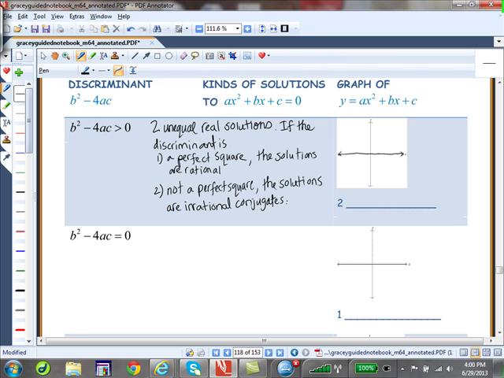So the way it would look in a graph, you would have two x-intercepts, and your graph would cross the x-axis. So I'll just do them opening upward, but they could open downward as well. So you might have something like this parabola, and these would be your x-intercepts.